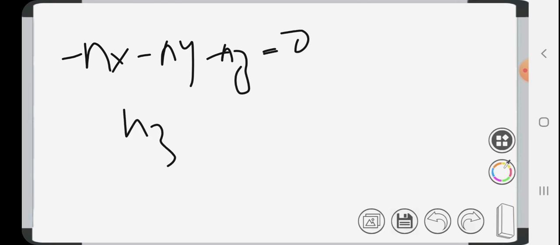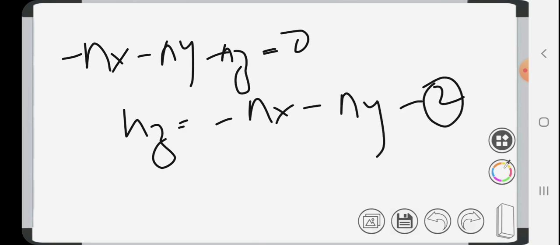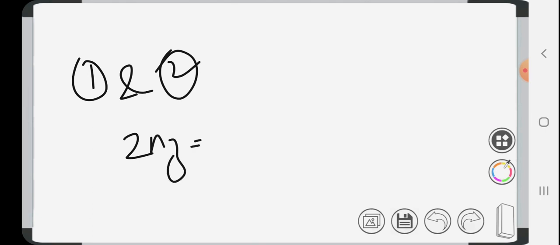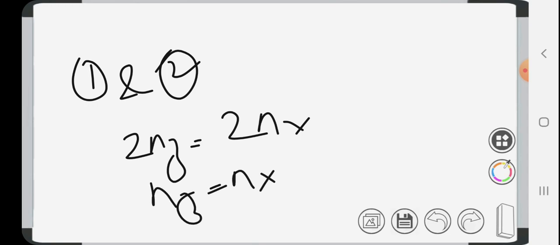So here nz equal to minus nx minus ny, right? So keep it as equation 2. If you add 1 and 2, you will get 2nz equal to 2nx, right? You will get nz equal to nx. So keep it as equation 3.